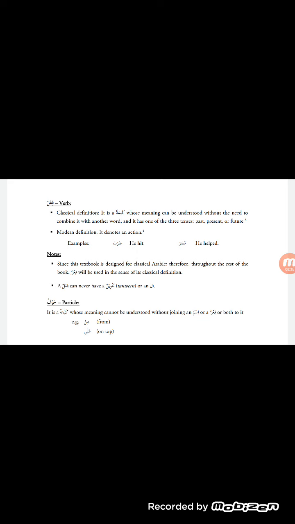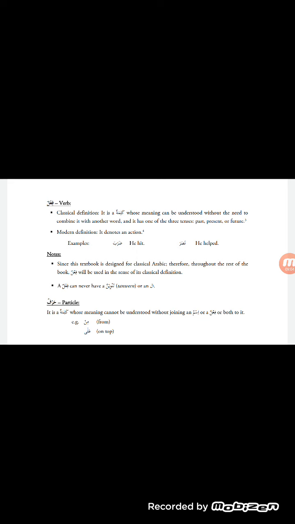For example, I say daraba, he hit. Nasara, he helped. So daraba, it's a word. Daraba, kalima. It has a meaning. He hit. The one who hears this verb will understand that this person hit another person. And the verb also has a tense attached with it.